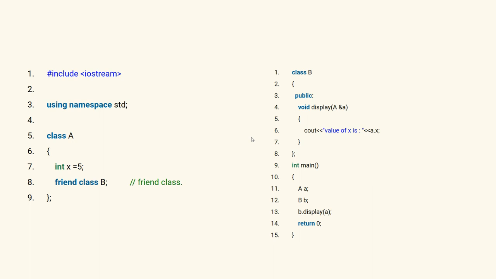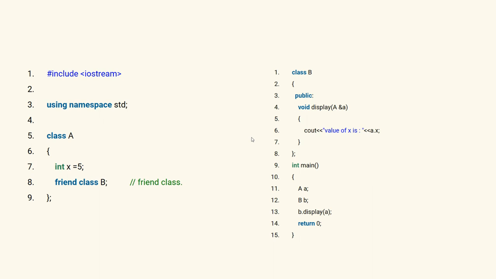We are creating another class B with the same name we used as the friend class. In public you are writing a void display function, and in that function you are going to print the a.x value.